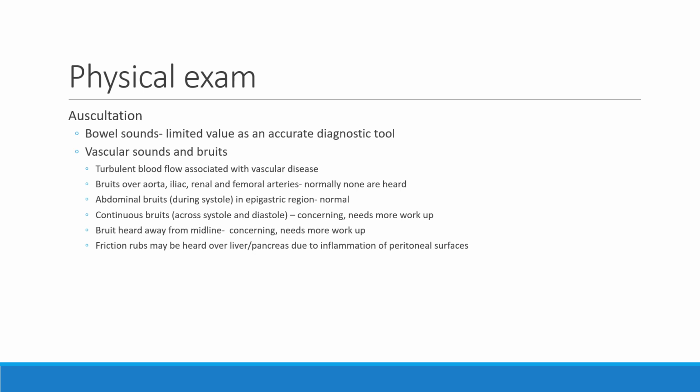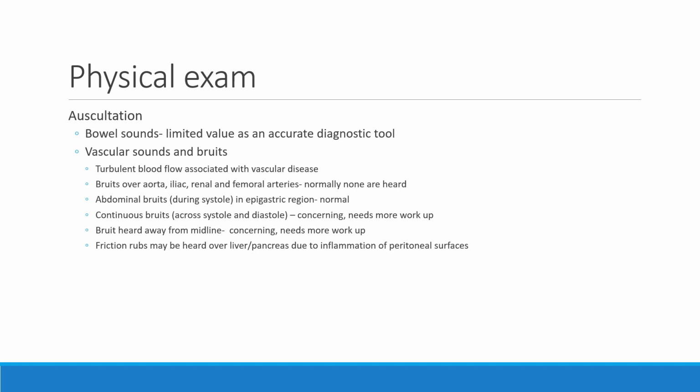The next part of our physical exam is auscultation. Bowel sounds really have limited value as an accurate diagnostic tool. However, it is one of those things that we still do. And we want to listen for vascular sounds and bruits. Turbulent blood flow is associated with vascular disease. Bruits over the aorta, iliac, renal, and femoral arteries normally are not heard.